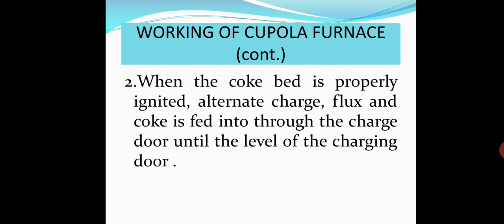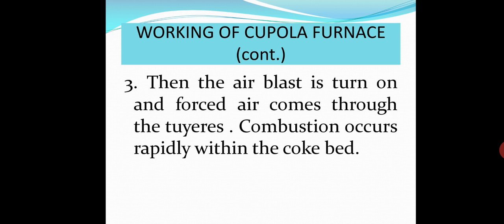Next, flux and coke are fed through the charge door until the level of the charging door. Then the air blast is turned on and forced air comes through the tuyeres.